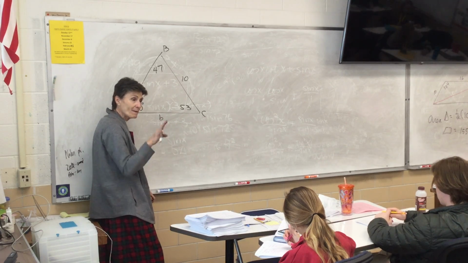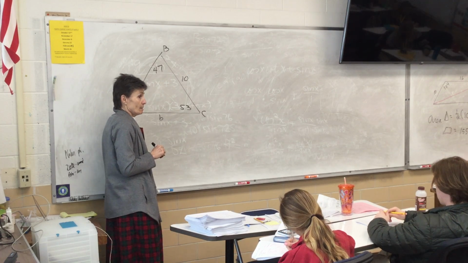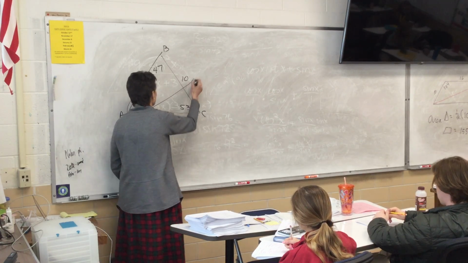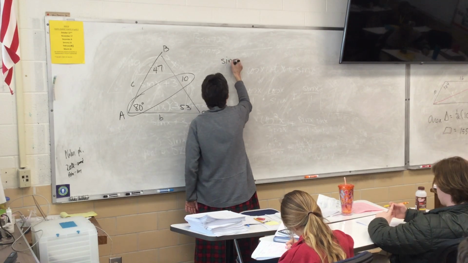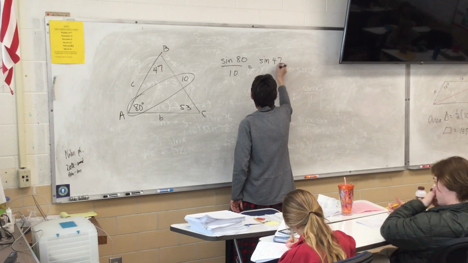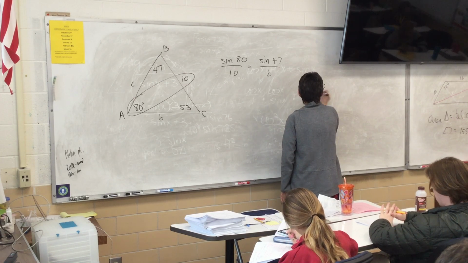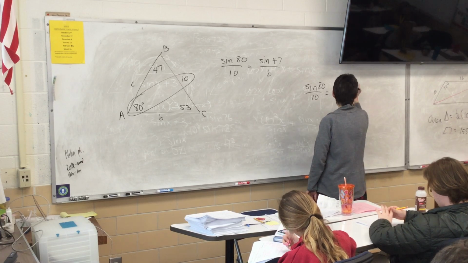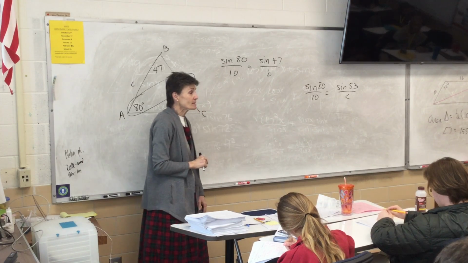Easy points, automatic points. Okay, now you've got to find the sides though. Now we can do the law of sines, because don't we have that pair right there? So sine 80 over 10 equals sine 47 over B, and sine 80 over 10 equals sine 53 over C. We've got to do them both, guys, because we have to find both sides.